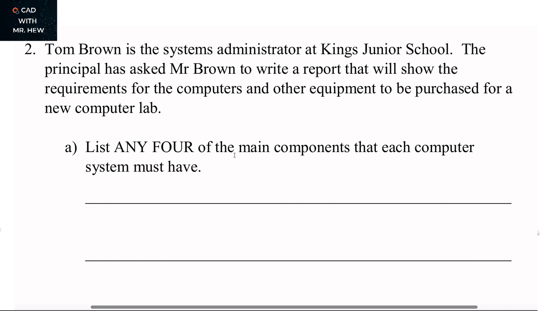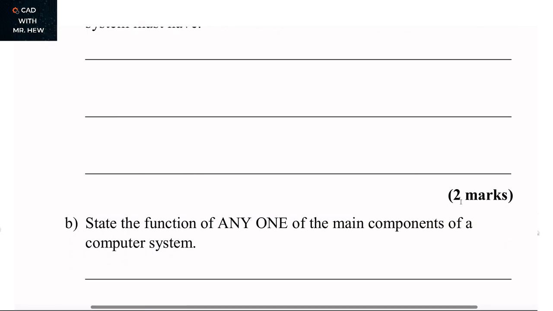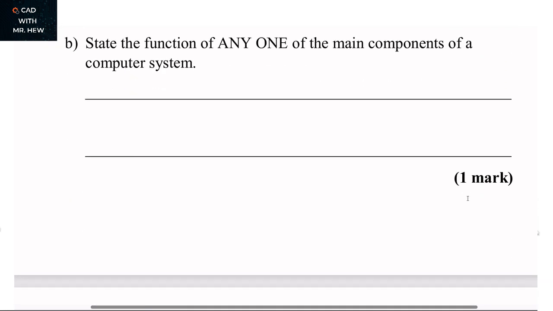List any 4 of the main components that each computer system must have. That question is worth 2 marks. B. State the function of any one of the main components of the computer system. This is worth 1 mark.